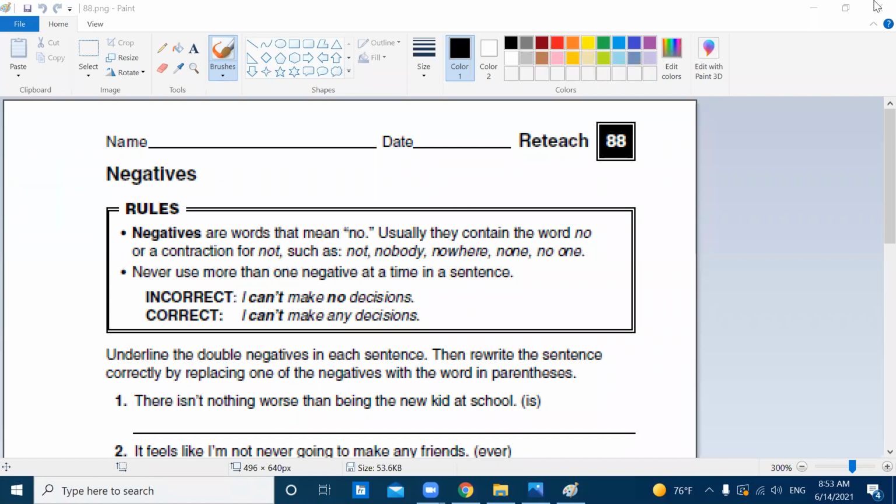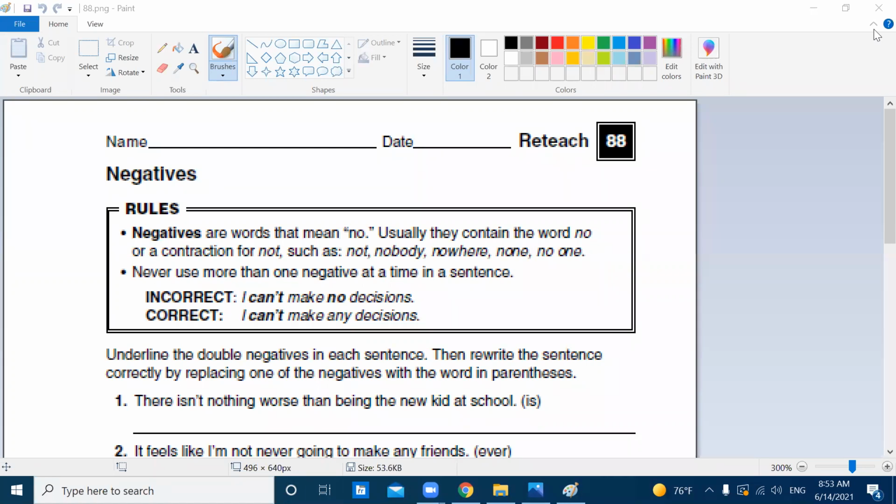This is what we call a double negative. Double negatives are not allowed. Only one negative in a sentence. So we can remove the word no and change it to any. I can't make any decisions. So when there are two negatives in a sentence, we must remove one so that it only has one negative.